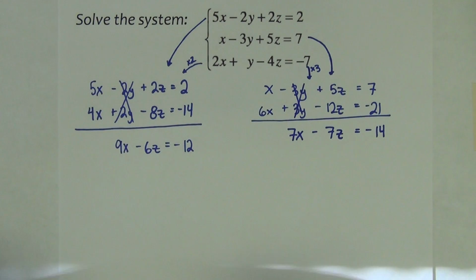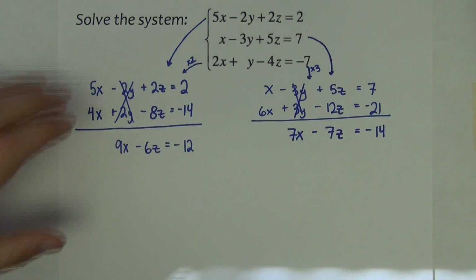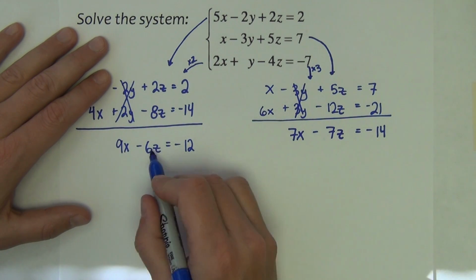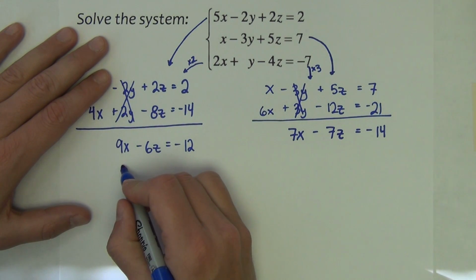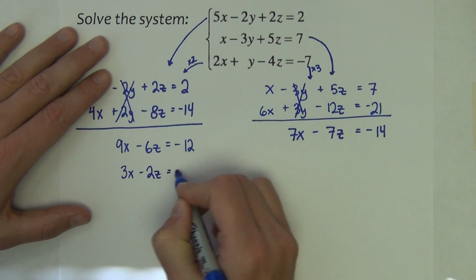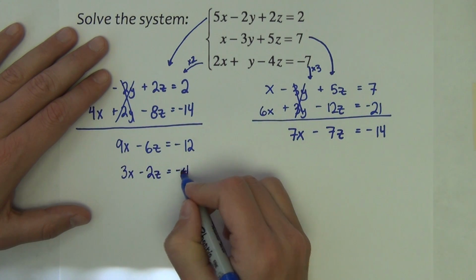Okay, so you can see what my goal was. My goal was to get one variable canceled twice, because the result is that I have two equations now that have the same two variables. I'm going to even simplify these equations. This equation is all divisible by 3. This is the same as 3x minus 2z equals negative 4.